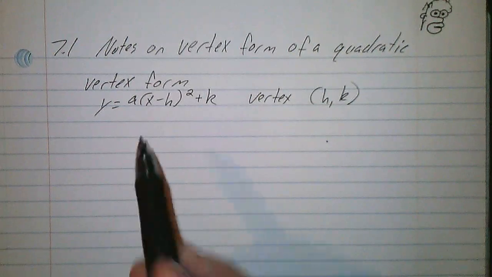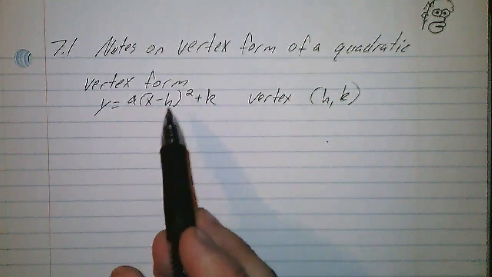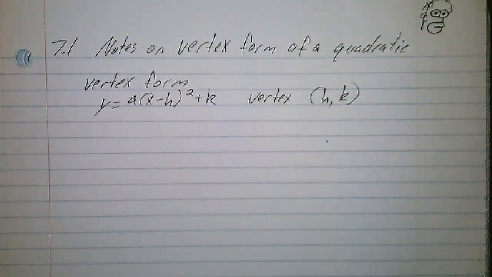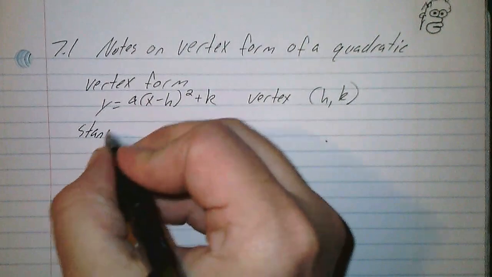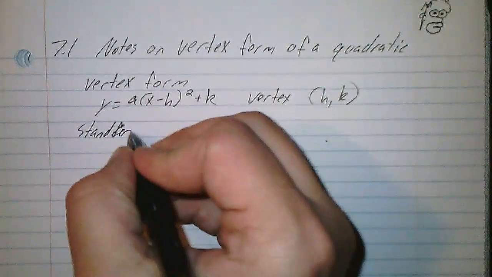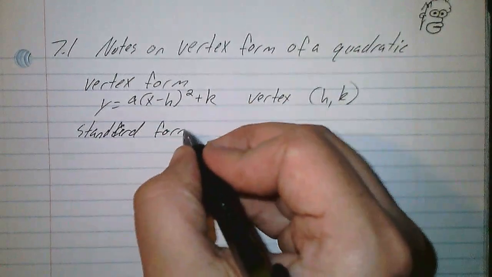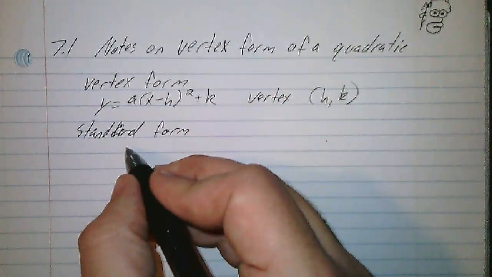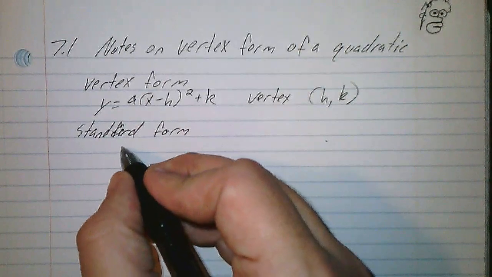So again, this is vertex form. This is not standard form. Standard form is like the polynomial form. Standard form would be something like this.